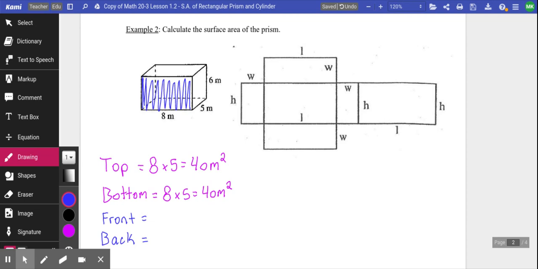You'll notice our width is like that height of the box. So somewhere on here, the height should be labeled. It's labeled on the back side as 6. So this would be 8 times 6, which is 48. And again, that back side, which is back here, would be the exact same.